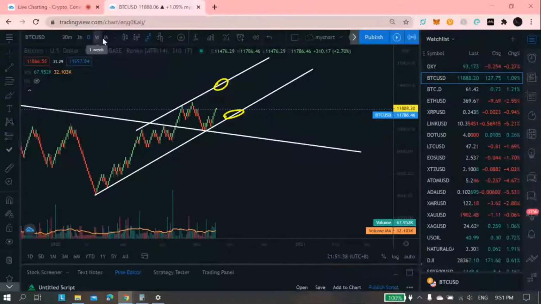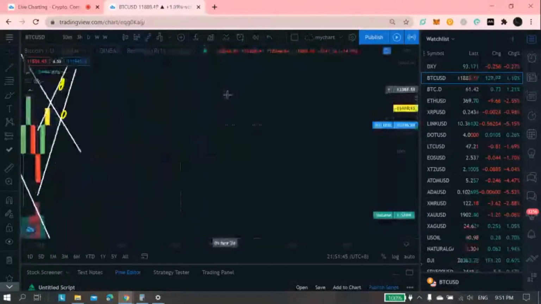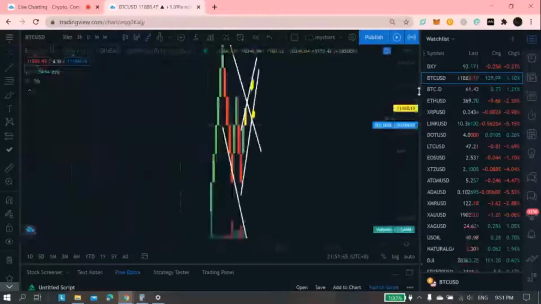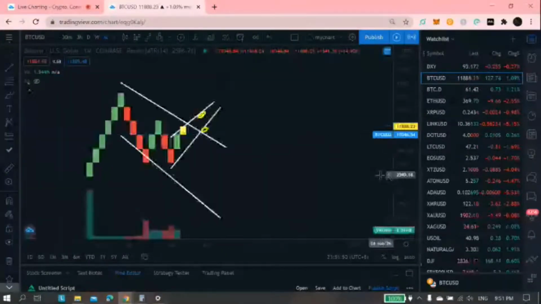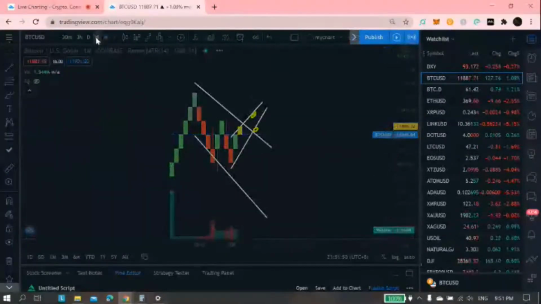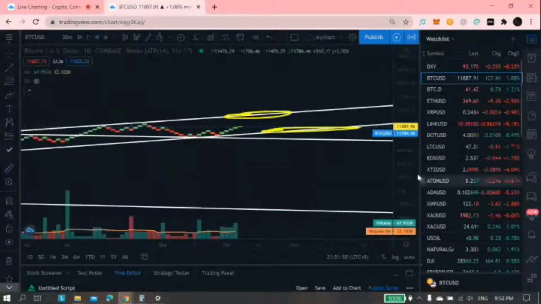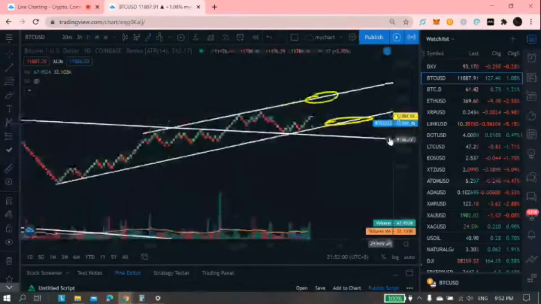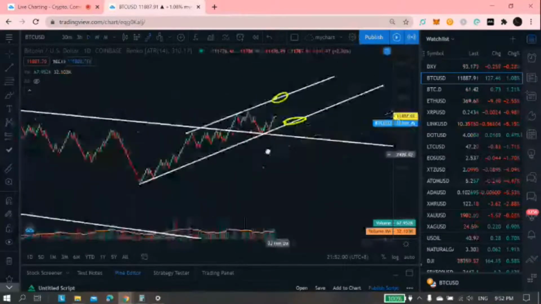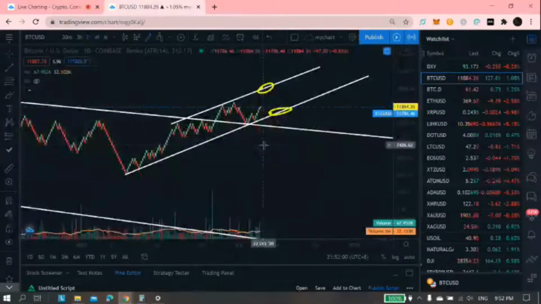Sometimes I use monthly. That's normally Bitcoin, because on a longer term I'm still bullish on Bitcoin because institutional investors are coming in and they are more long term position holders.